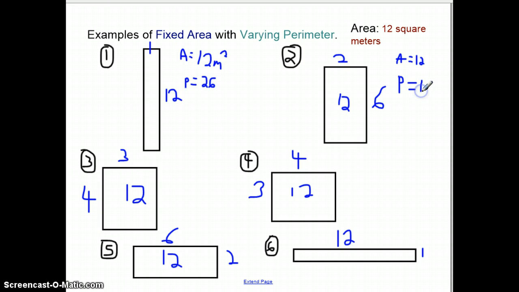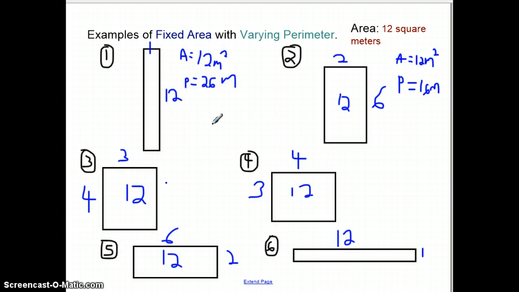So 16, bad Mr. Tajik, not putting his labels. Now, if you continue to go around here, you'll see that they'll be different, except for the pairs. So that's our hope and our goal. And you see that the perimeter changes, but the area stays the same.